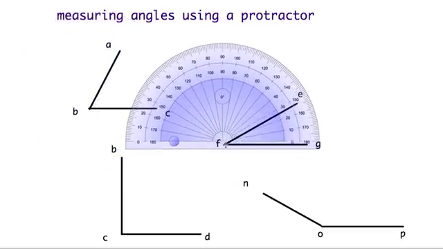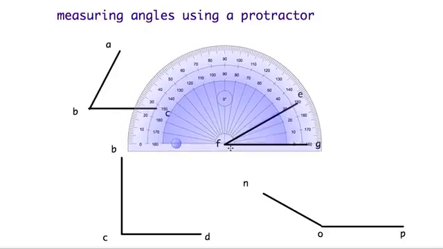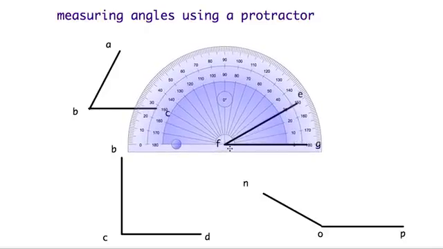I'm going to put it right here on the vertex where the rays meet, making sure it's right on 0. Again, here's my 90 degrees. Is this bigger or larger? It looks smaller. So I'm going to measure from 0 all the way using the inside track. This angle measures about 30 degrees.